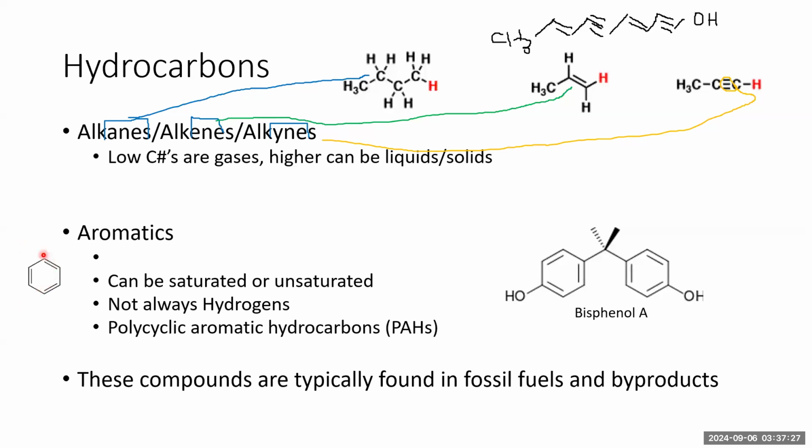Typically, this is the ring that we begin to build an aromatic compound with. This ring, as it's drawn here, we have carbon-carbon single bond, carbon-carbon double bond, single bond, double bond, single bond. So there's 3 double bonds and 3 single bonds in this ring. And this is benzene.